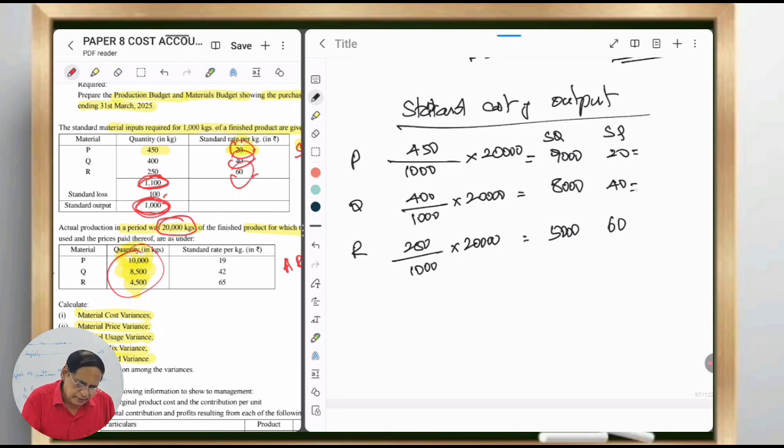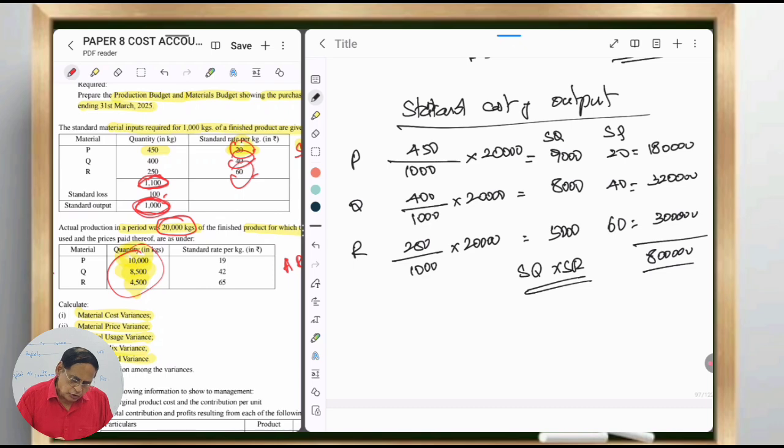If we calculate, 9,000 into 20 is 1,80,000, 8,000 into 40 is 3,20,000, 5,000 into 60 is 3 lakhs. If we add, that is 8 lakhs. So this is SQ into SR.